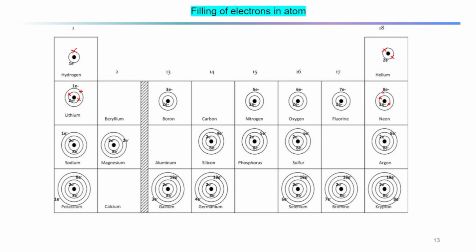One by one we have put 8 electrons in the second orbit: 3, 4, 5, 6, 7, and 8. So in the case of neon, the first two electrons are in the first orbit, and the next 8 electrons are in the second orbit.